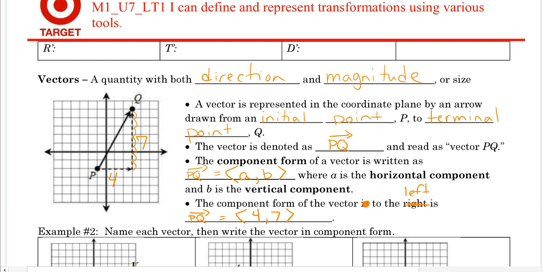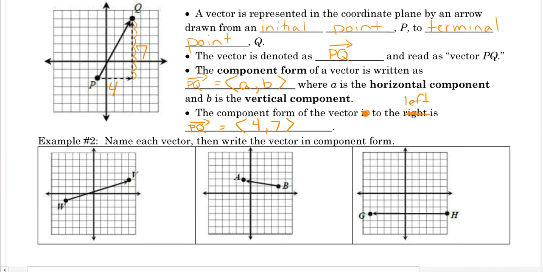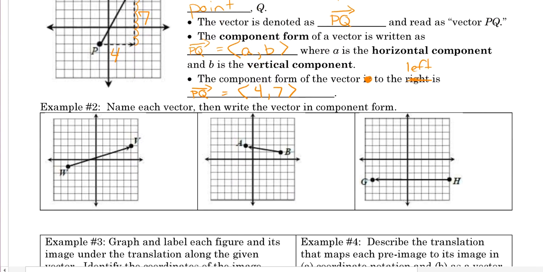And again, we use those more arrow-like brackets. They look very similar to the greater than or less than symbols, however, they're a little bit more open than the greater than or less than symbols.